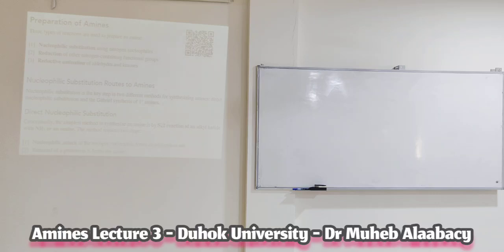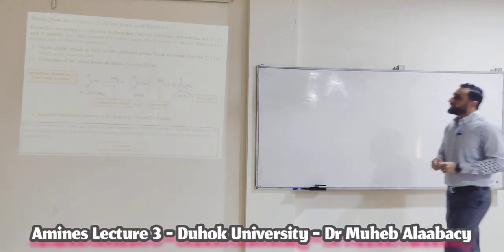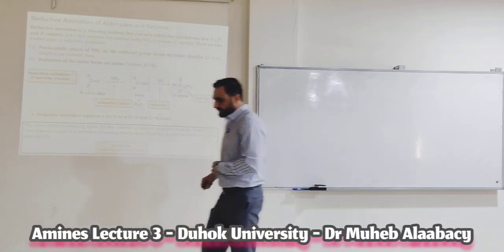Secondly, reduction of other nitrogen-containing functional groups, like the nitro group, the cyano group, like amide. So today we start with the third method, the reductive amination of aldehyde and ketone.